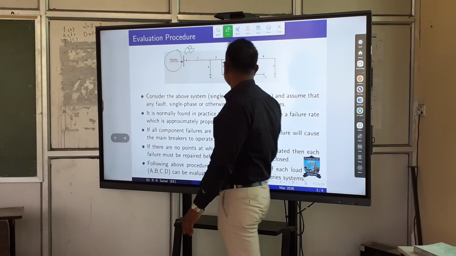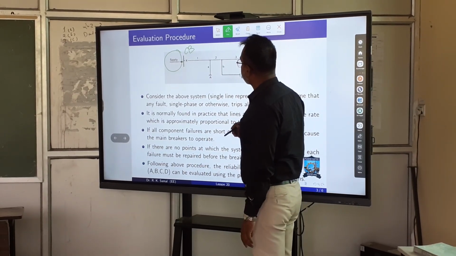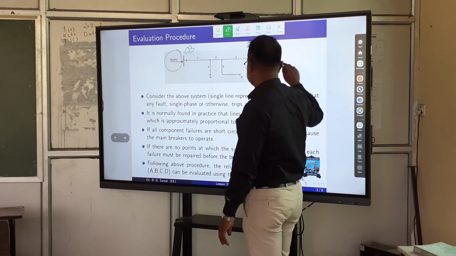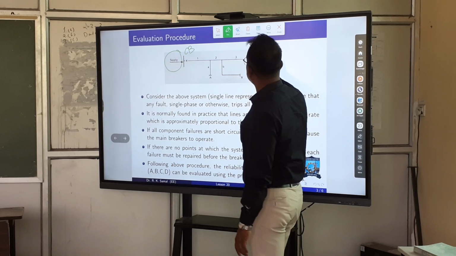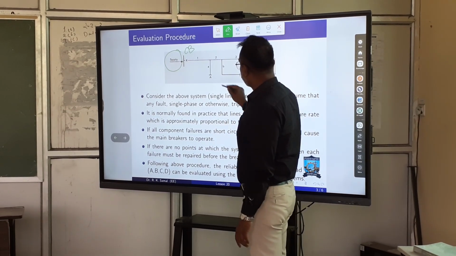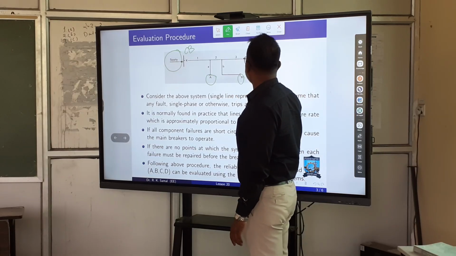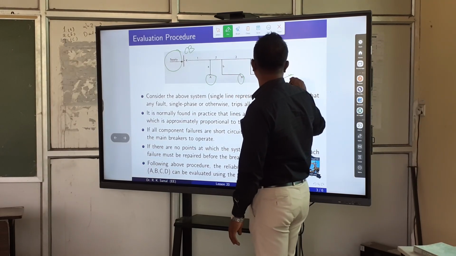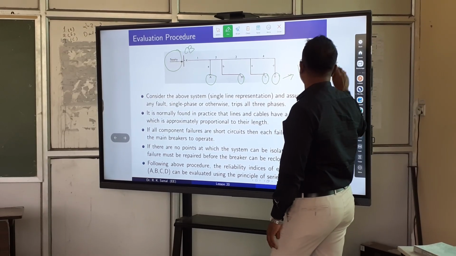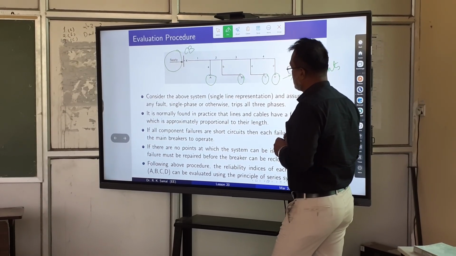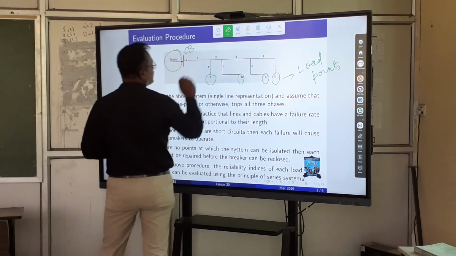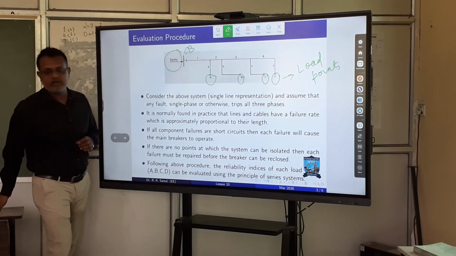Then you have got one feeder, and these are the distributors. These are the load points A, B, C, D. And these are the sections of the feeder: 1, 2, 3, 4 are the sections of the feeder.